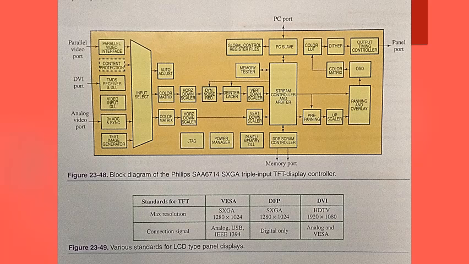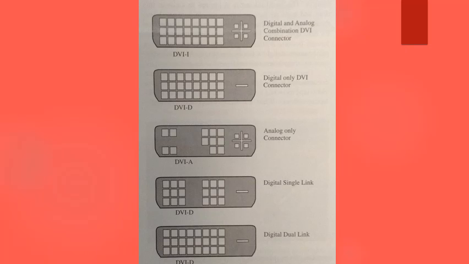Standards organizations. There are several organizations presently creating standards for LCD type panel displays. They are as follows: the Video Electronics Standards Association, the VESA, Digital Flat Panel, DFP, and Digital Visual Interface, DVI.